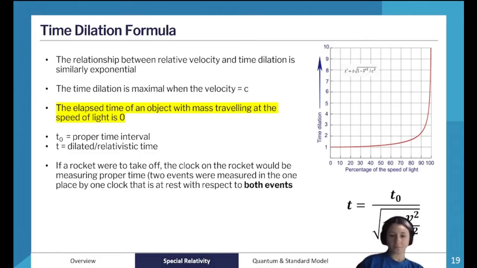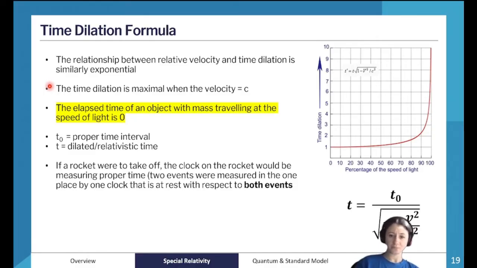So, the time dilation is maximal when the velocity is equal to c. So when something travels at speed c, it actually does not experience any time at all. So we know that light actually doesn't experience any time.